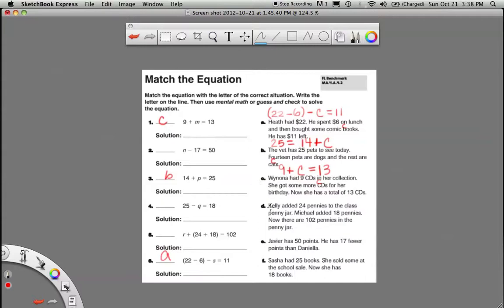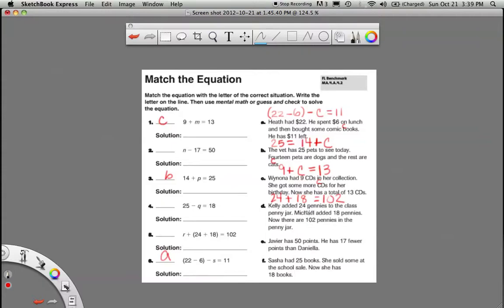Moving on to D. Kelly added 24 pennies to the class penny jar. So she added 24. Michael added 18. And now there are 102 pennies in the penny jar. Now, let's take a second here and think about this.